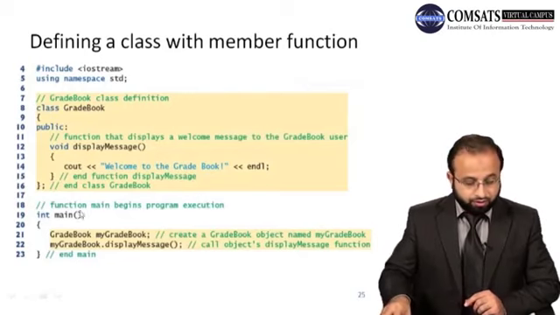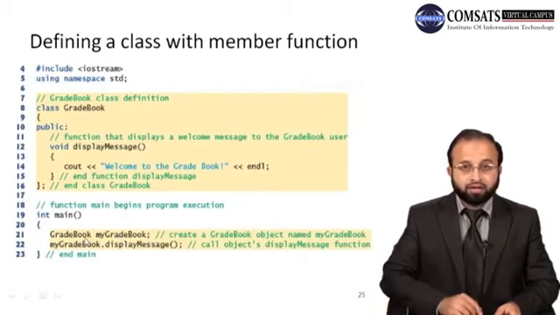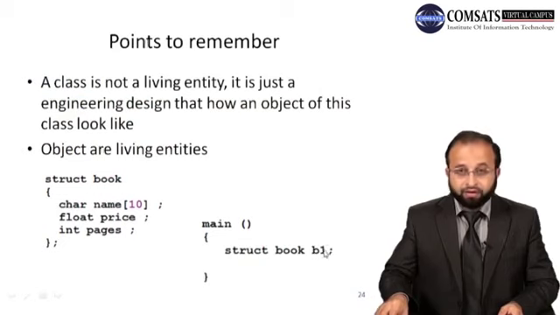So now you can see that here you can create an object within the main function. You write GradBook space myGradBook. Now myGradBook is basically an object of the GradBook class. This is the same as when you create a variable b1 whose type is struct book.